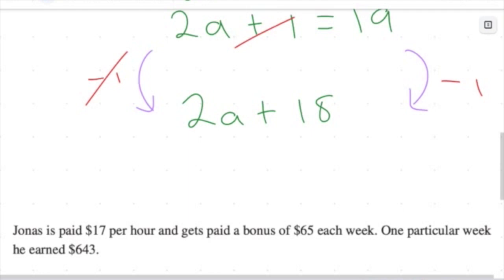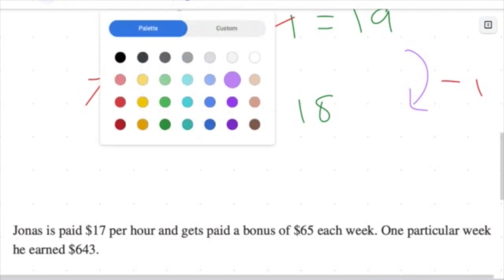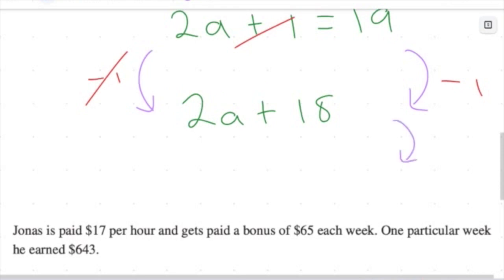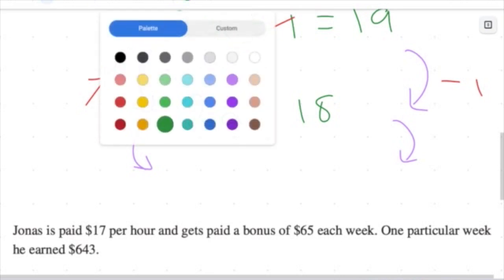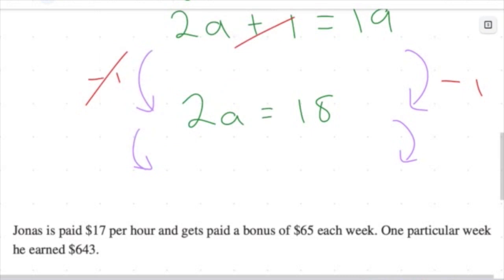So, very last step, I can divide both sides by 2. Whoops, sorry for the typo, that's meant to be an equal sign here. So when I subtract 1 from both sides, I get 2A equals 18.